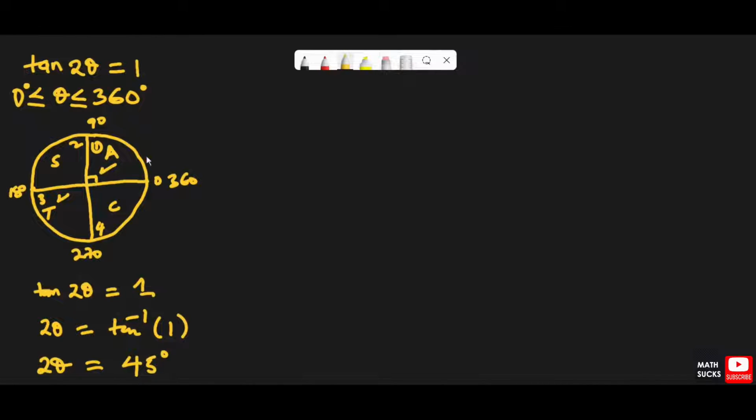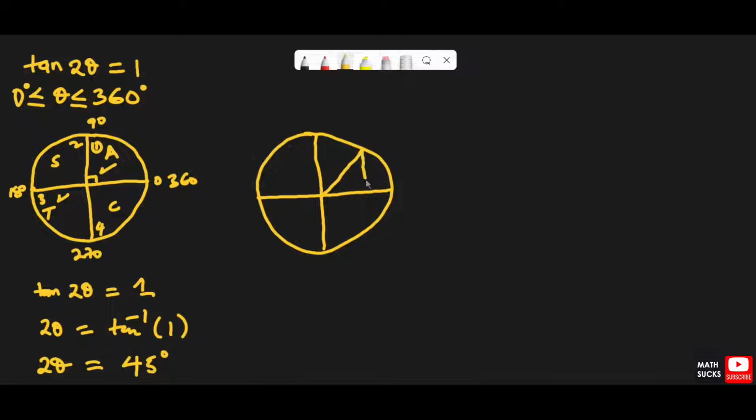We can redraw this in order to list all the possible angles we are looking for. Our first angle is 45 in the first quadrant, where 45 is equal to 2 theta.